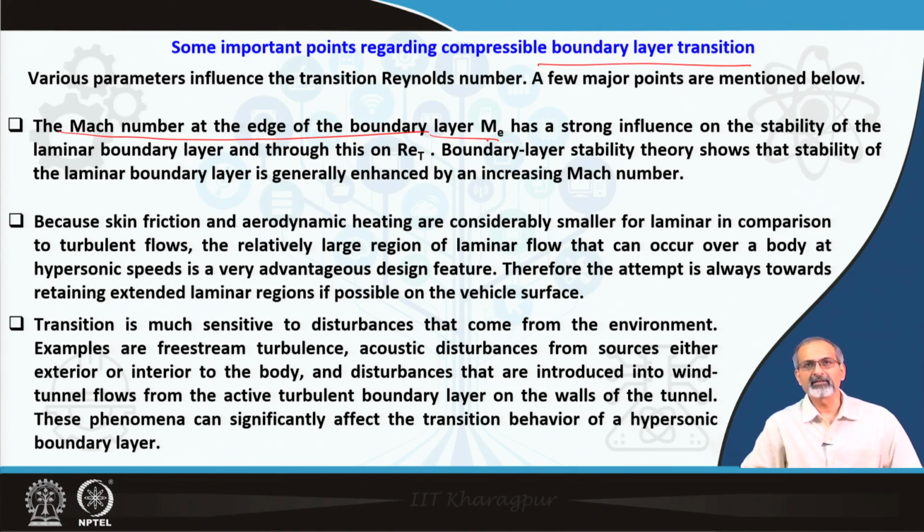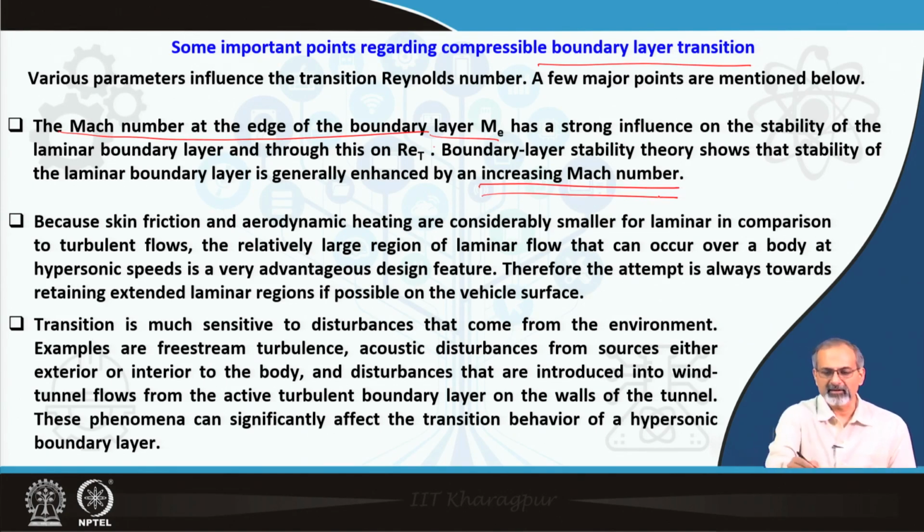T stands for transition. Boundary layer stability theory shows that stability of laminar boundary layer is generally enhanced by an increasing Mach number. So, higher the Mach number, higher is its stability, and therefore the onset of turbulence will be happening at a higher RET value.